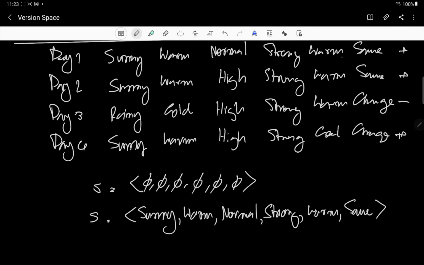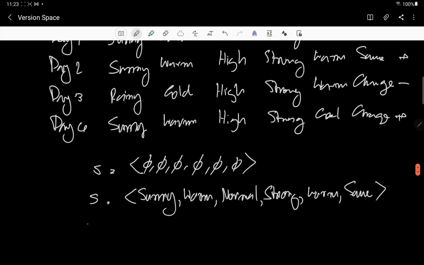So how can we change normal to cover high? Easy, right? Sunny can stay sunny in this case. Warm can be warm. But for high and normal, we have to change normal to don't care, because don't care can cover both normal and high, right?